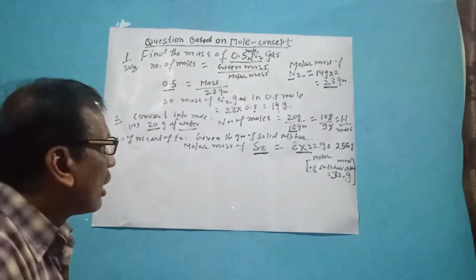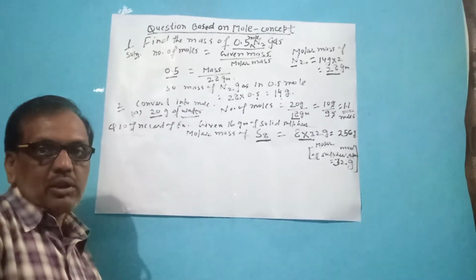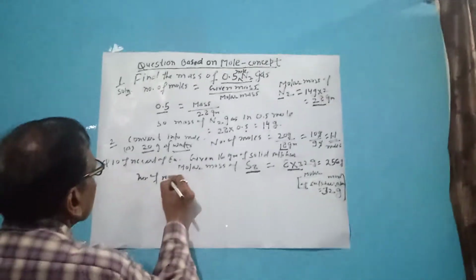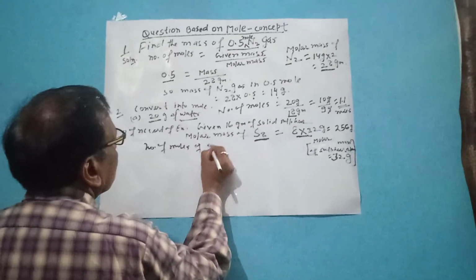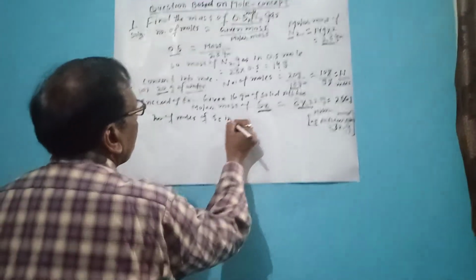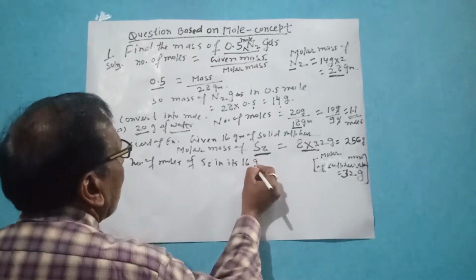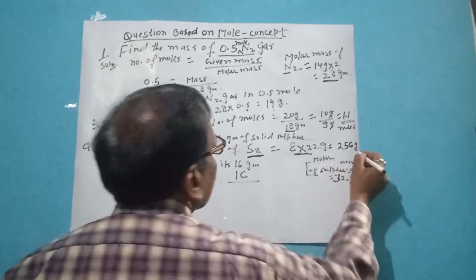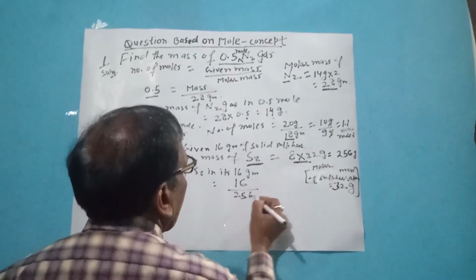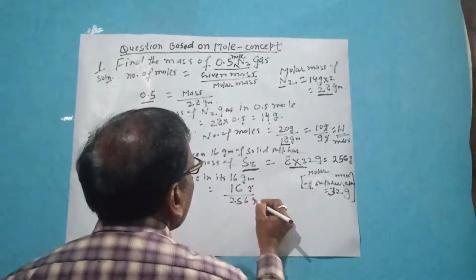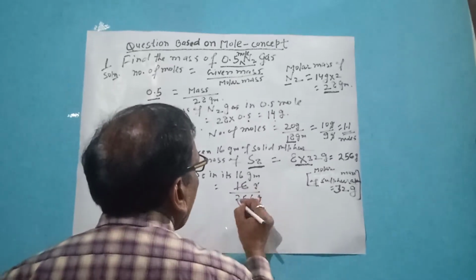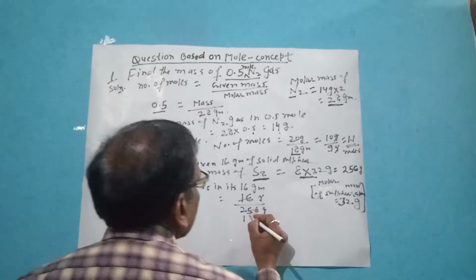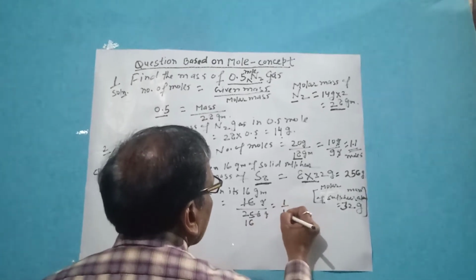So first of all, we have to find the number of moles of S8 in its 16 gram, which is equal to given mass 16 gram by molar mass 256 gram. Gram and gram cancel, giving 1 by 16.